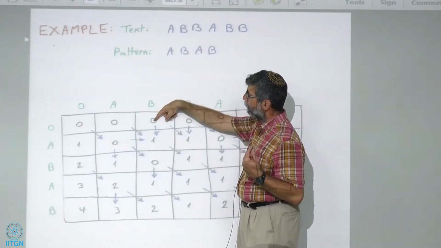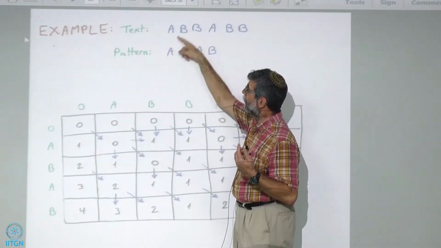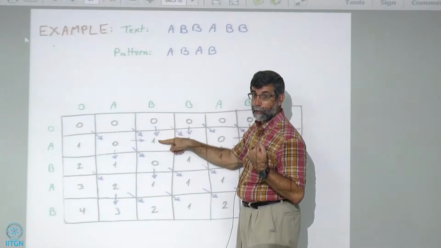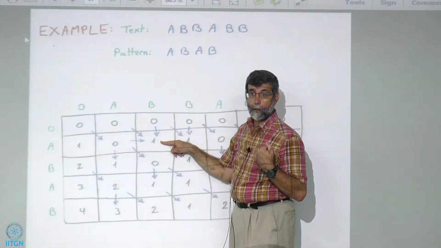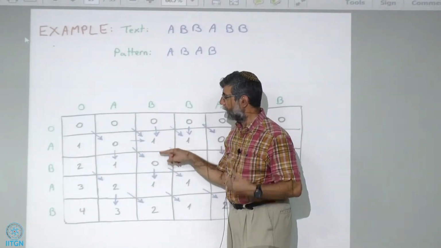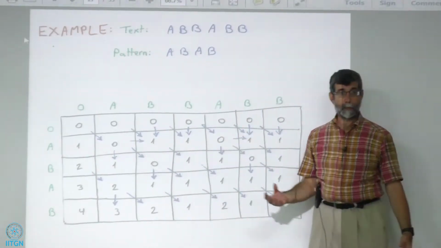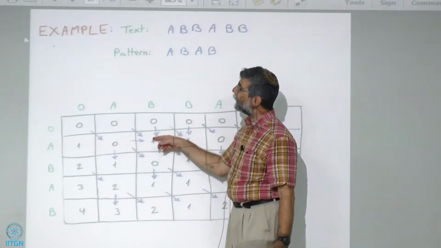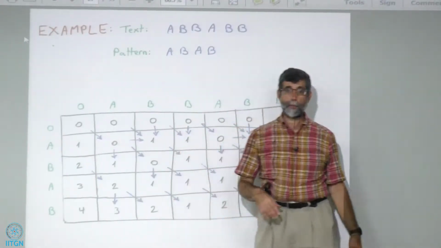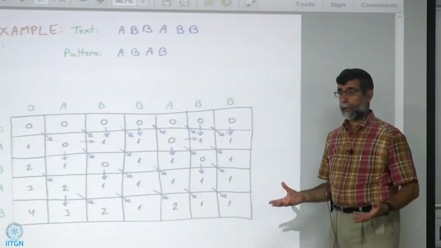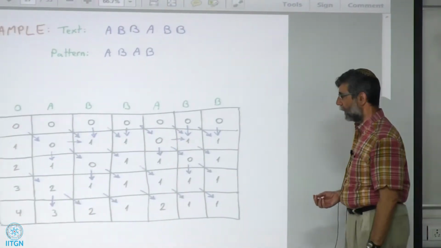So the B itself matched the emptiness, and there was an A here, and the A that was here was thrown out, that's the error that's added. So the one that we get here actually comes from all three possibilities, because it could have been a mismatch, it could have been an insertion, it could have been a deletion. We don't care, because the minimum is the same, and so we do a 1.